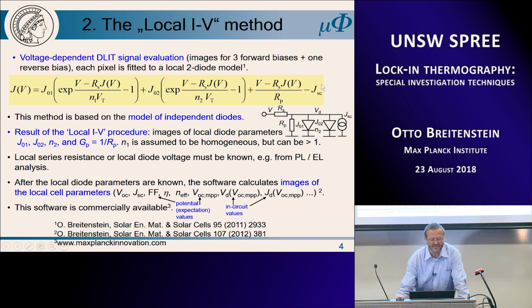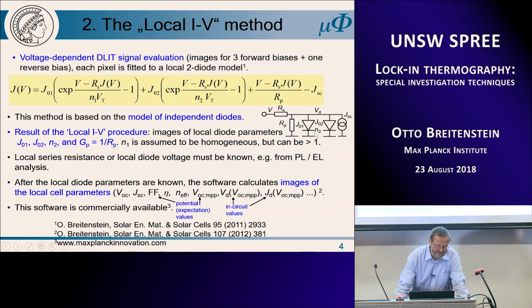So this is written for illuminated conditions. And I must say, also lock-in thermography, and in particular this local I-V method, is based on the model of independent diodes, which is sketched here for each pixel. So we assume that each pixel has a series resistance to the terminal and a parallel resistance to diodes and the current source.